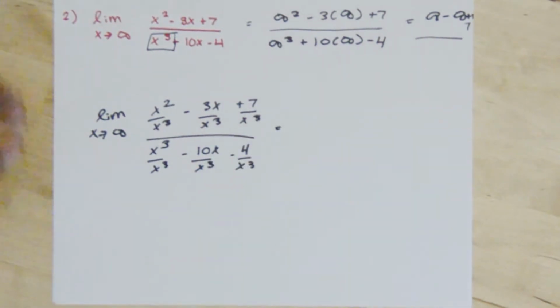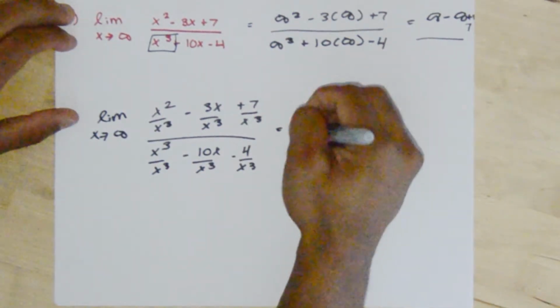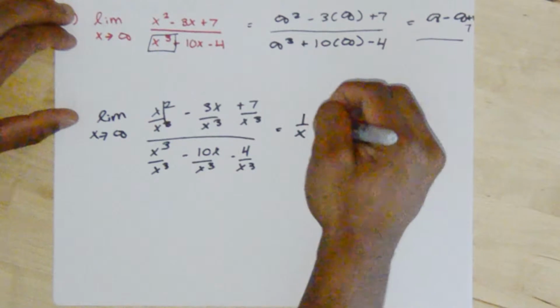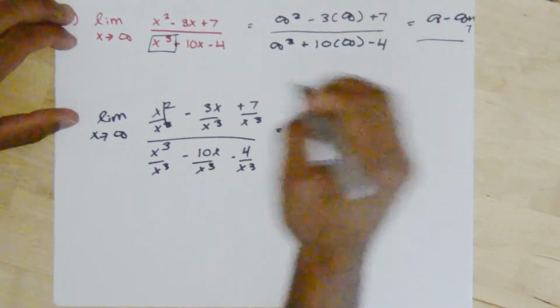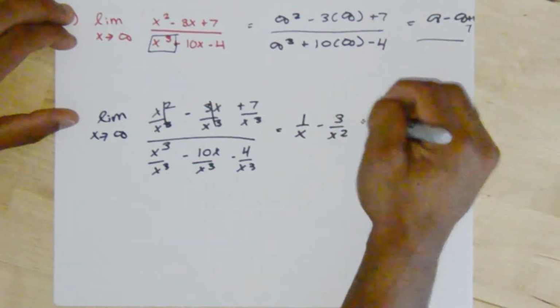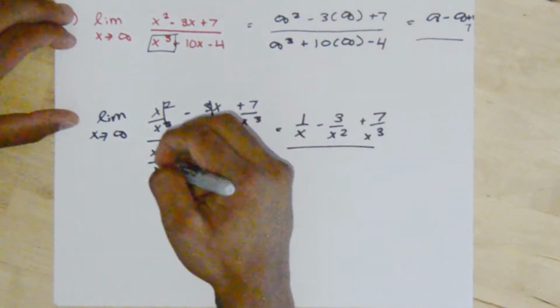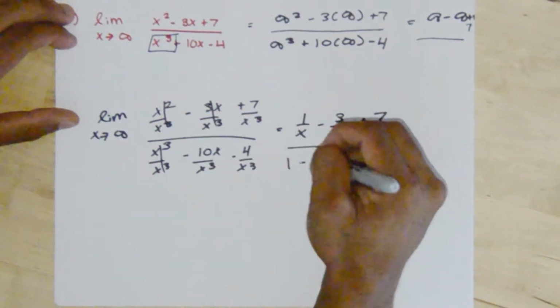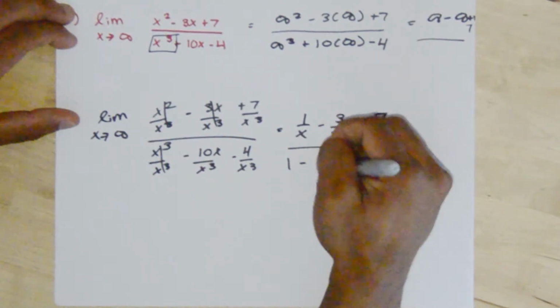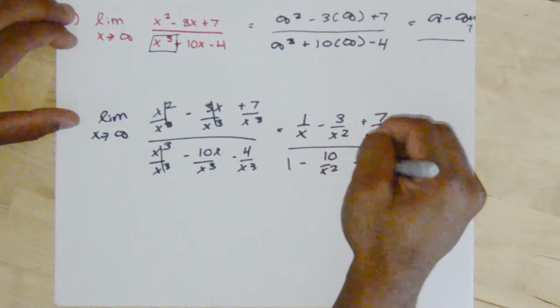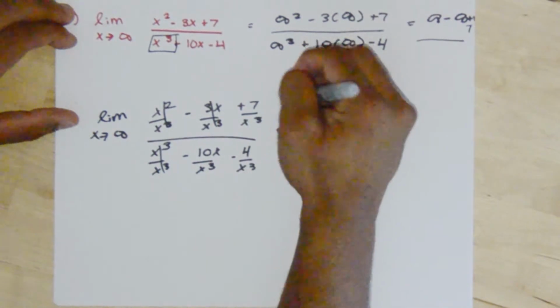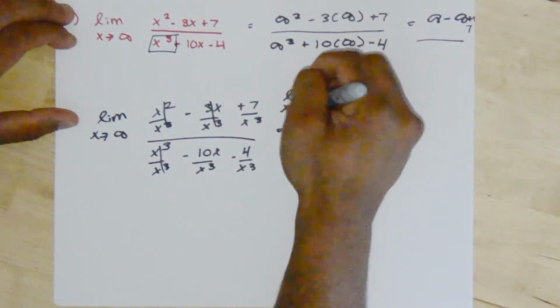Now, simplifying everything we can, we get 1 over x, minus 3 over x squared, plus 7 over x cubed, all over 1, minus 10 over x squared minus 4 over x cubed, the limit as x approaches infinity.